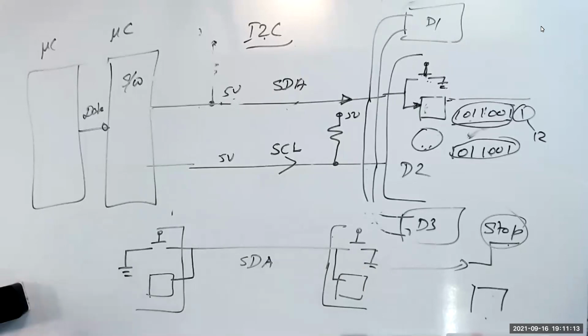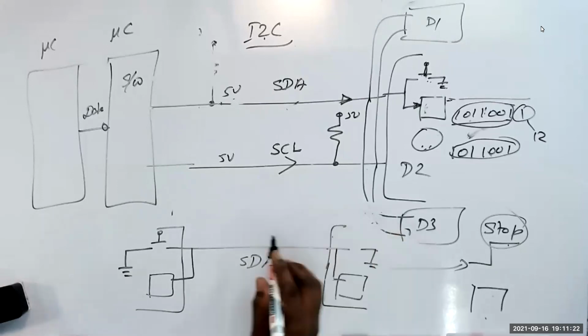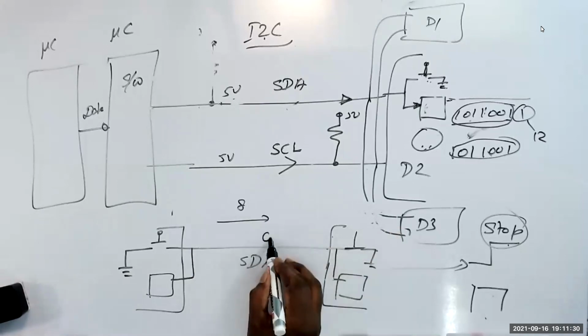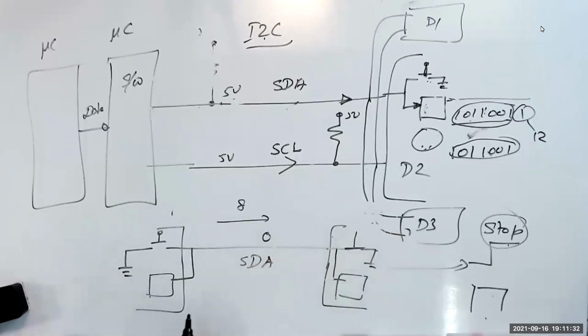Suppose when this device gives an acknowledgement, that means he pressed the switch. After you transmit 8 bits of data, then comes the acknowledgement. He pushed the switch, and now this becomes 0. Now you have a clock. SCK will pulse.